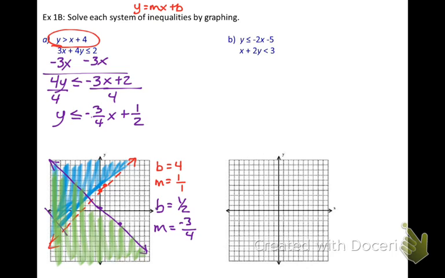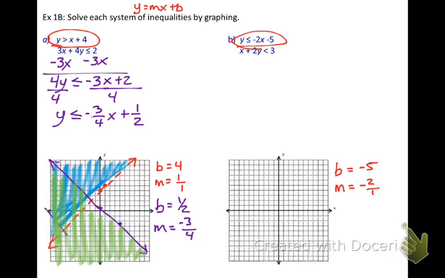Okay, let's try B together. Red. The first one, it's inequalities in y equals mx plus b form, so it's going to be b equals -5 and m equals -2/1.